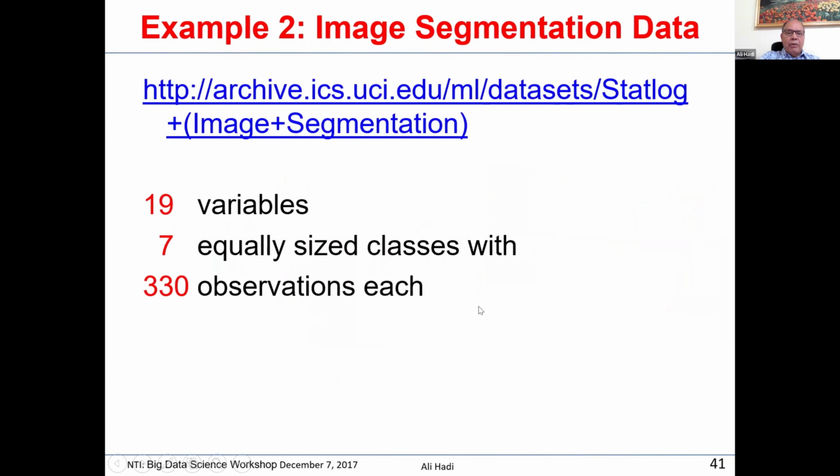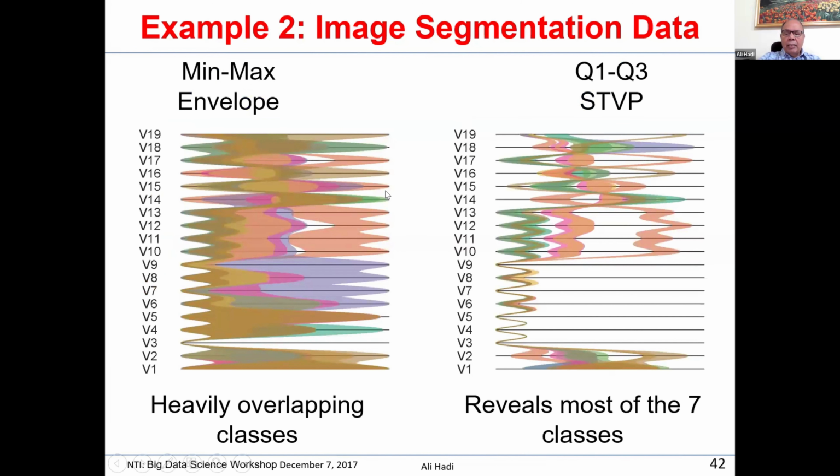Here is another example of a data set that has 19 variables and 7 classes. Each class has 330 observations. These are publicly available data sets, called the segmentation data. If you draw the parallel coordinate plot, you can see here that in the original one, the minimax, you don't see 7 classes.